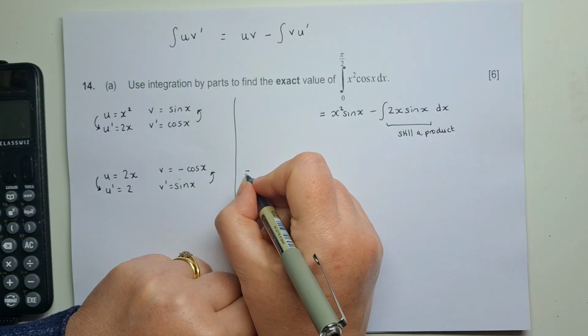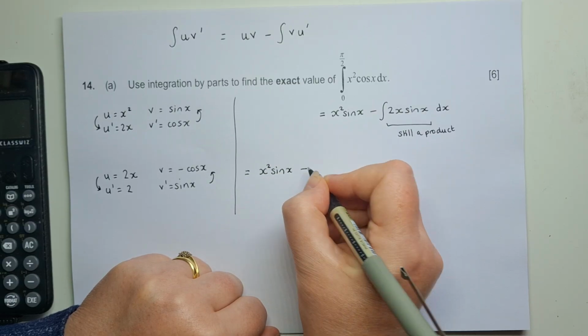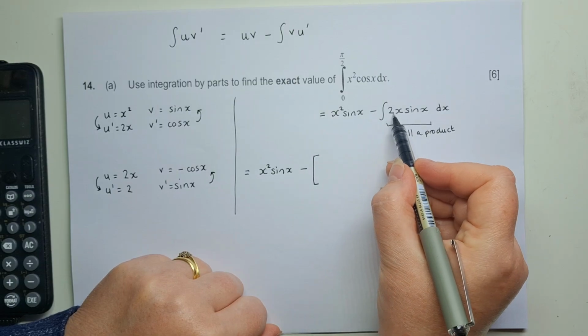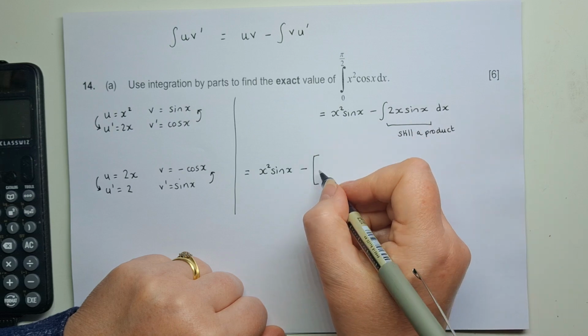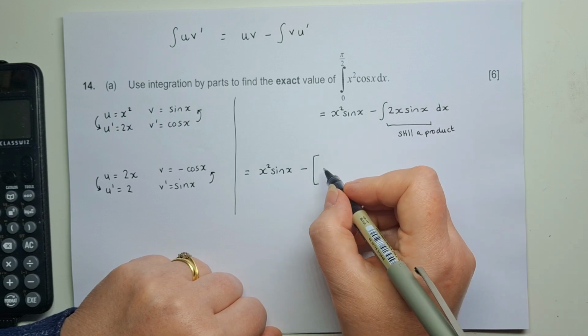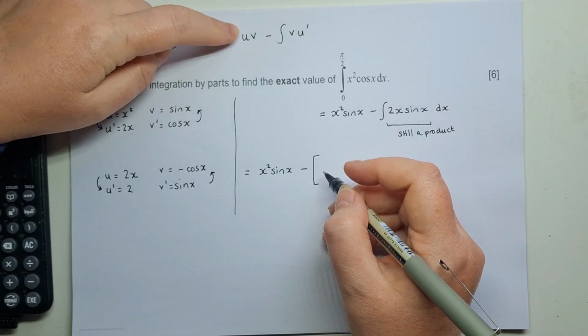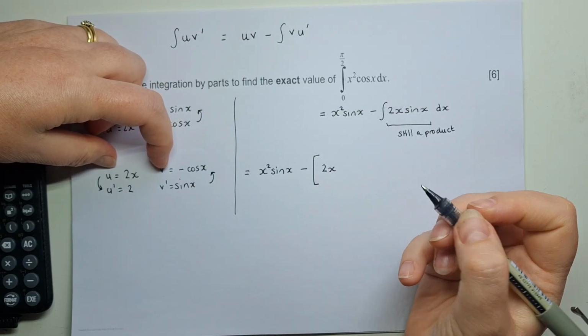Okay, let's move along, give it a bit more space. So I've still got the first term. I've got a minus, and I'm going to put a big bracket because then it's minus everything I write to do with the product rule for this one. It might just be that sort of thing that trips you up, so just be very careful. So I want my new u times my v, so I've got a 2x times a negative cos x.